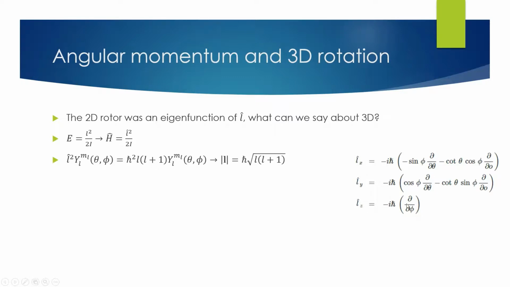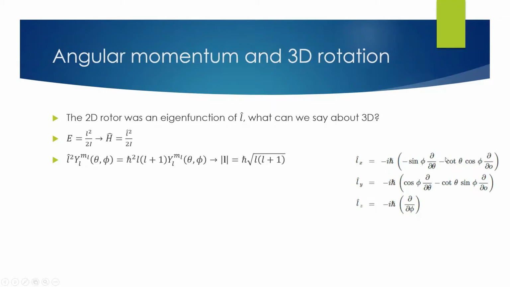However, Lz is just a simple derivative with respect to phi, and we can show that this does commute with our total energy operator, and that makes sense because our phi dependence of our wave function is simply e to the i m_L phi. So we're just going to return i m_L when we take a derivative with respect to phi. These other more complicated ones are, of course, going to be a little bit different.